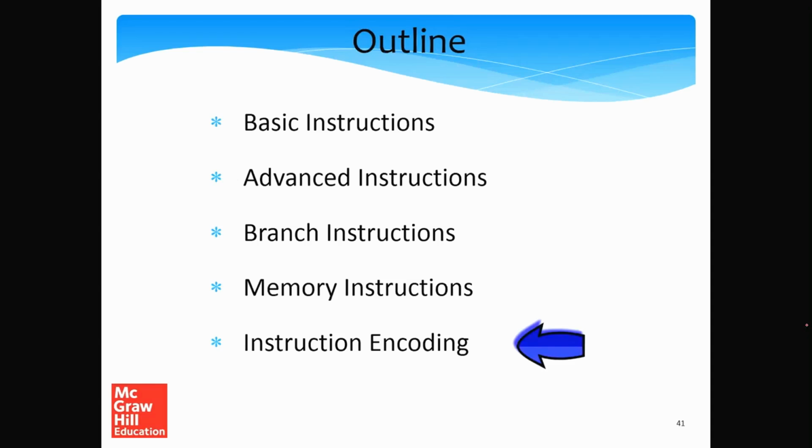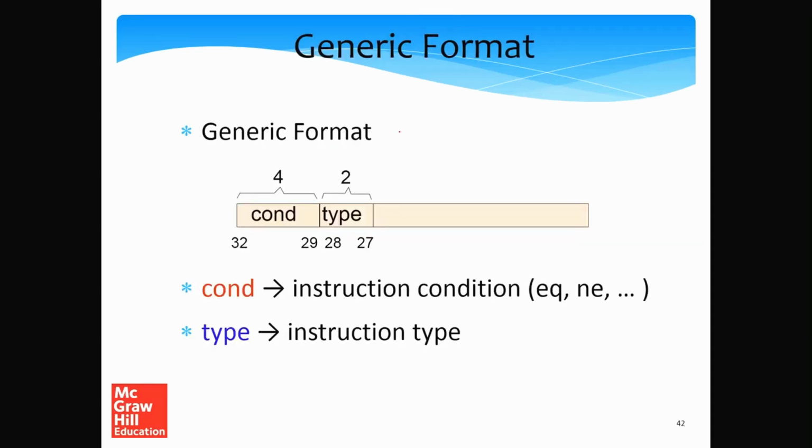Let's now look at ARM instruction encoding. Here the basic problem is that we need to encode instructions in a bit field of 32 bits. So let's first define the generic format which most ARM instructions follow. The first 4 bits, 31 down to 28, represent the condition.